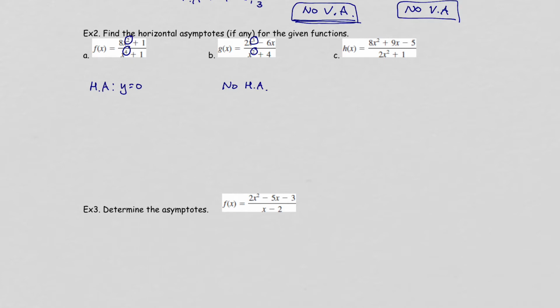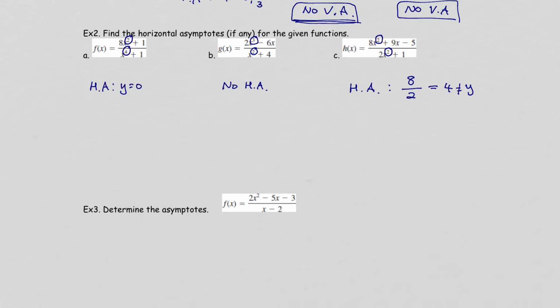What if you have the same exponent, square and square? Then your horizontal asymptote is going to be the leading coefficient of the numerator over the leading coefficient of the denominator, which is just 4, right? So that's going to be your horizontal asymptote. So it means y cannot be equal to 4.